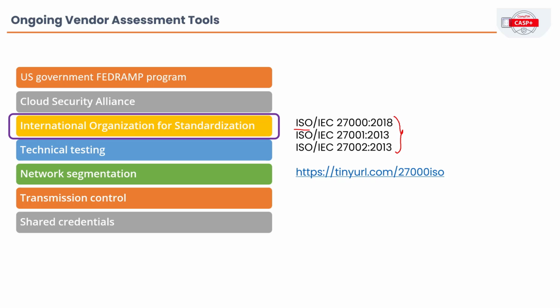This standard does not grant accreditation or certification to any organization and is only intended as guidance. It enables a company to adhere to regulations, resulting in the adoption of ISO 27001 compliance. This specific URL will take you to more information about ISO 27001.